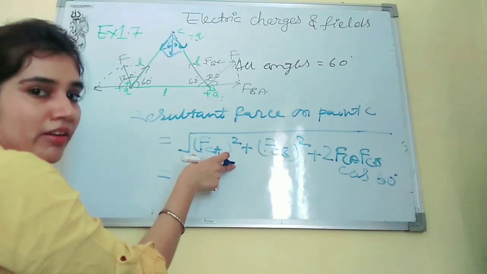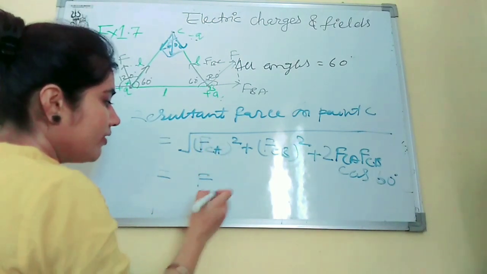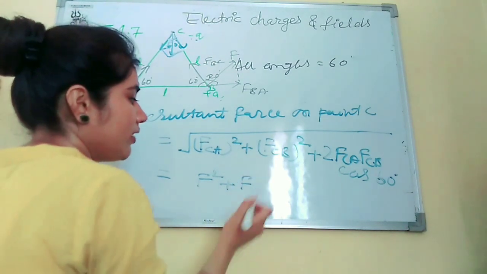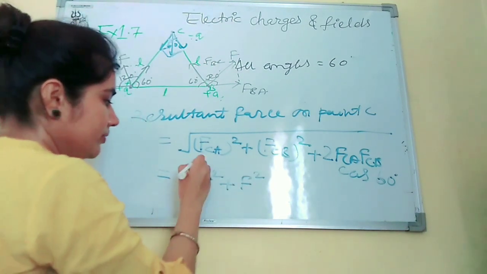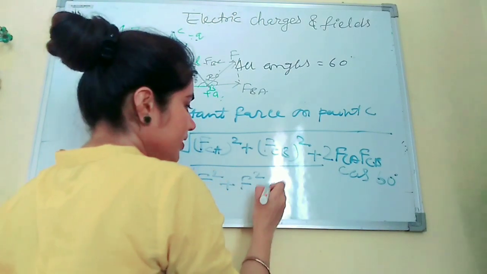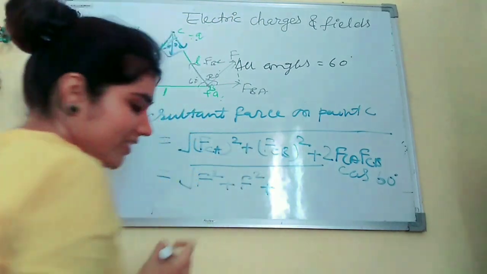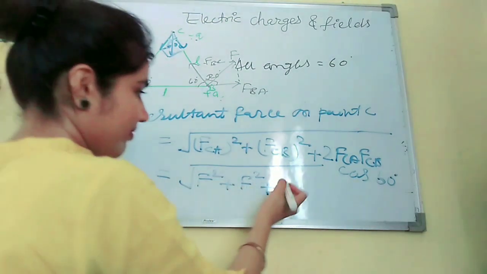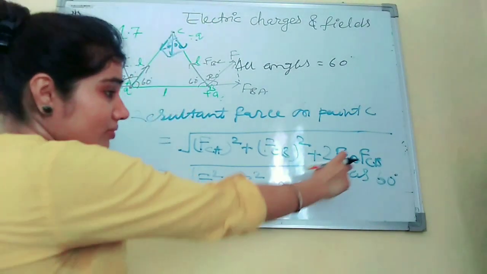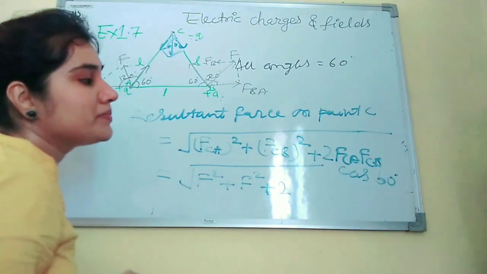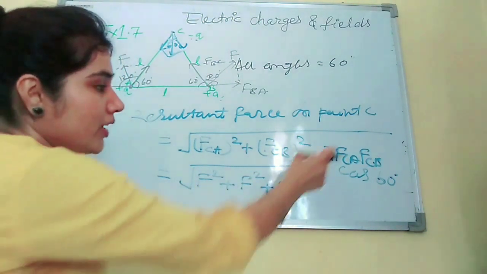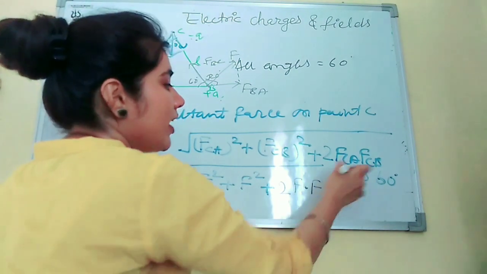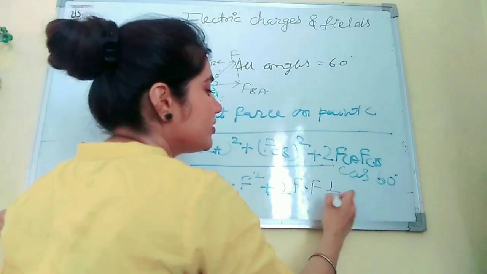FCA is equal to F, so we simply write F square, plus FCB is again equal to F, that will be F square, under the root, plus 2 FCA FCB cos 60. This will be 2F into F, and the value of cos 60 is half.